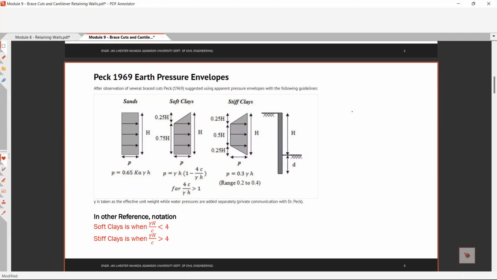If you derive, let's say, for C over gamma H greater than 1, cross multiply, you have 4C greater than gamma H. Then divide all by the cohesion value, you have 4 gamma H over C. So gamma H over C less than 4 is for soft clays, and gamma H over C greater than 4 is for stiff clays. Okay, this one.